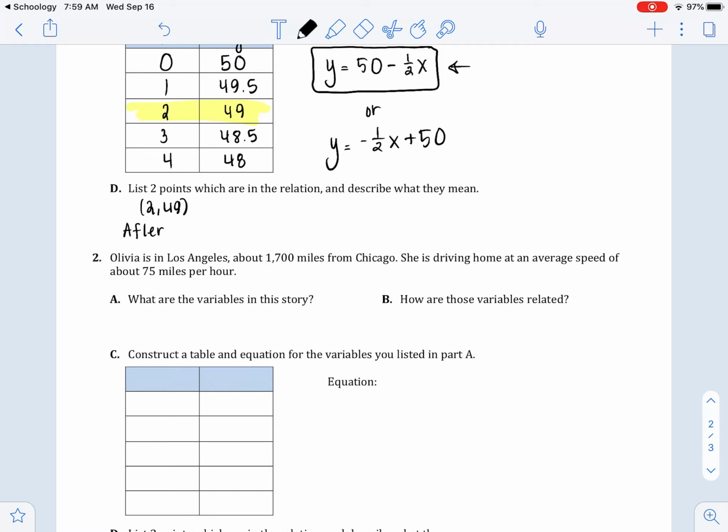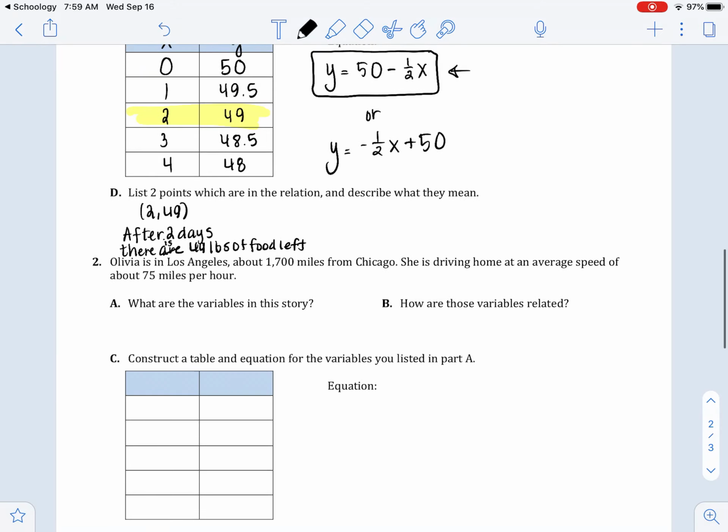After 2 days, there are 49 pounds of food left.